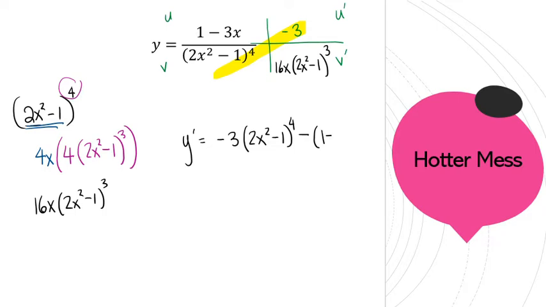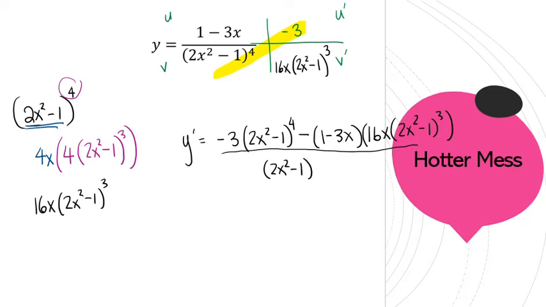It doesn't matter if it's multiplication. Onto 2x squared minus 1 cubed. Make sure all my brackets line up. There we go, and we're not done. We also need to put that over v squared, which is 2x squared minus 1 to the power of 4 times 2, which makes it to the power of 8.